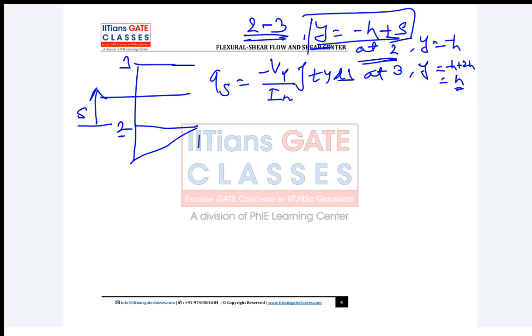Substituting the y value for Qs 2 to 3, we get minus Vy upon Ix, t is constant, so taking minus outside, integral of s minus h into ds.